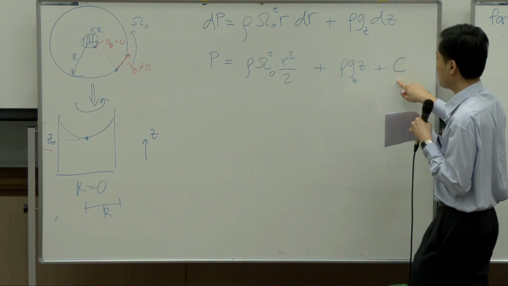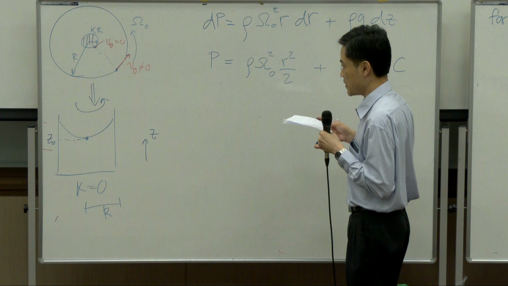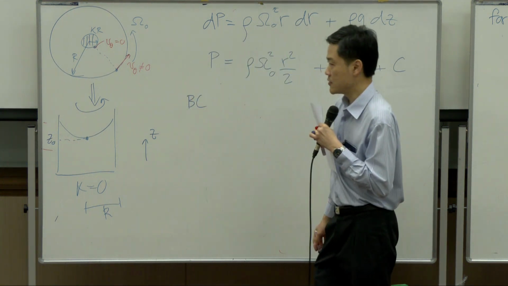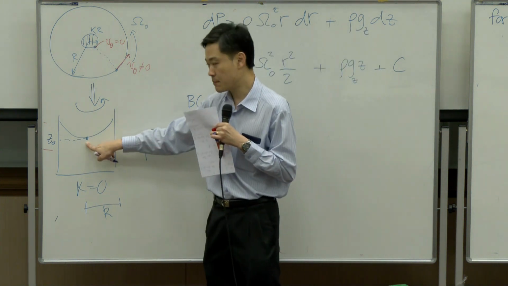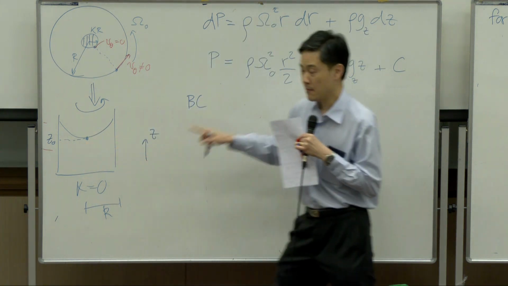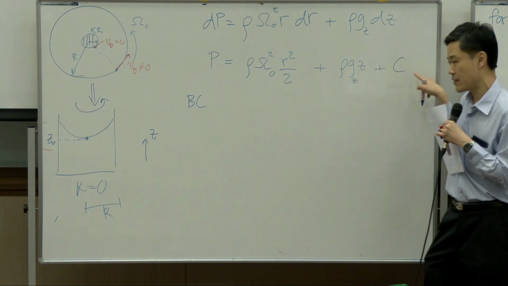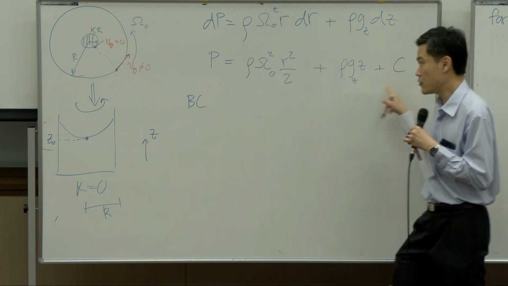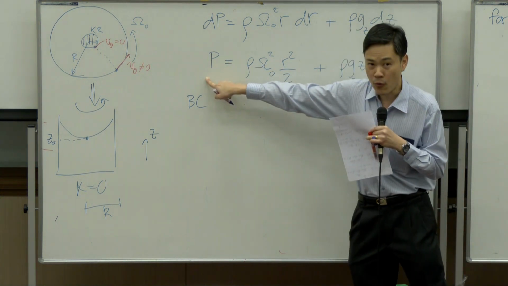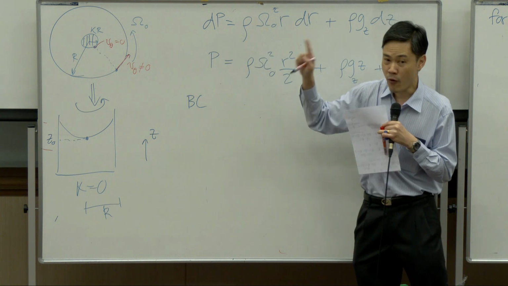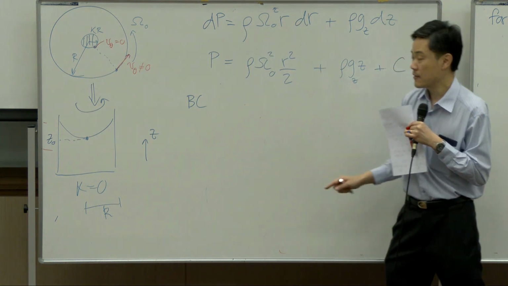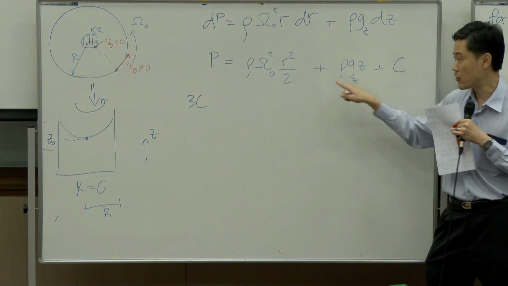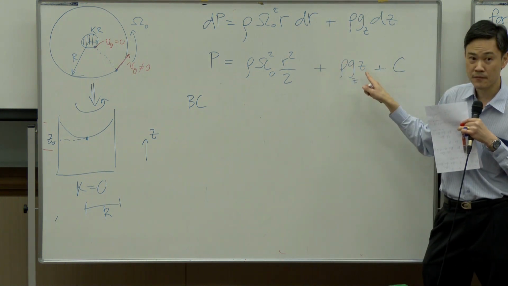Now, to find this constant, I need a boundary condition. The boundary condition that I would use is basically at this bottom point. But you have to realize that in order to find C, you need to know pressure at some point. And for the point where you identify pressure, you have to specify both r and z.